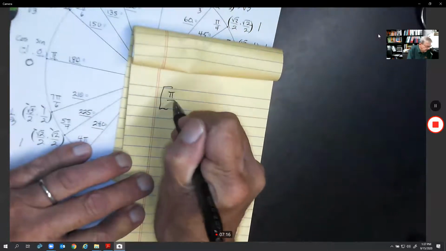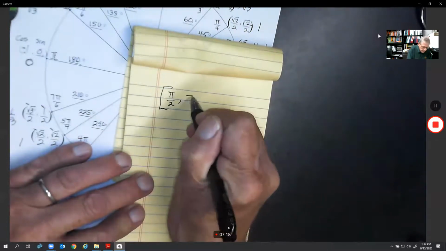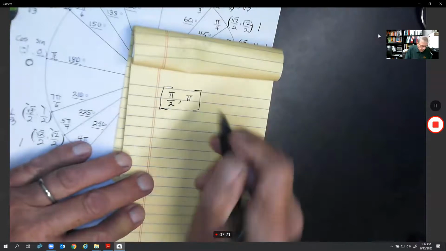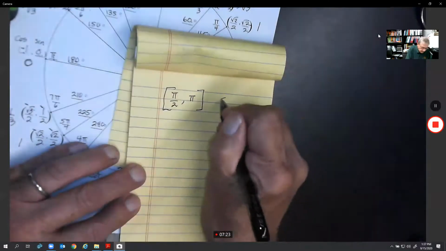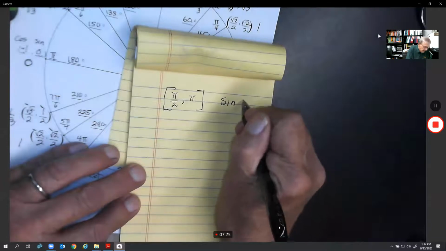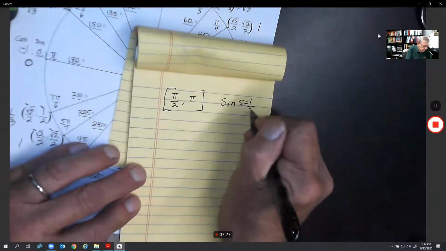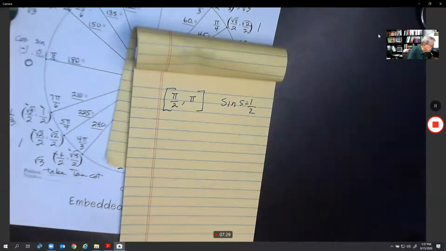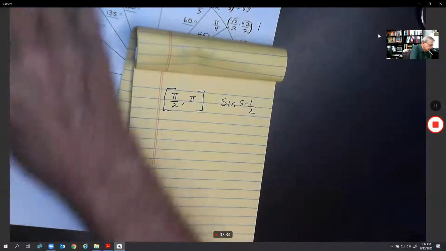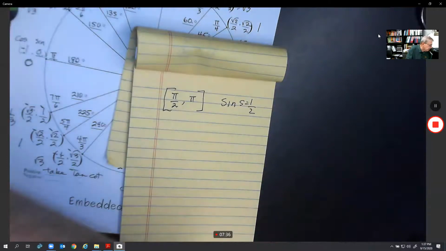Well, we know that's 90 degrees, and this is pi. And they want the value of sine S equals 1/2. Let's see what they're talking about here. Not quite sure what they want.